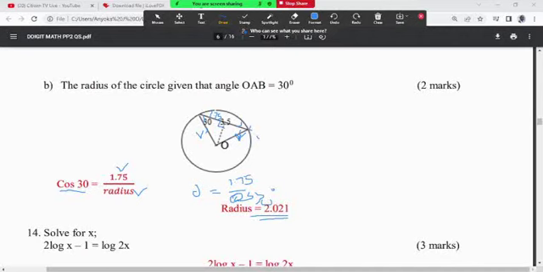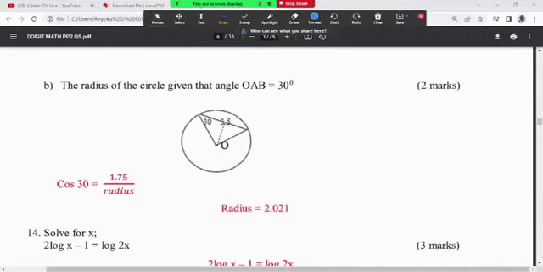Are we in agreement? Any question? Somebody say yes or no. Understood? Yes. Yes. Let's move to the next question.